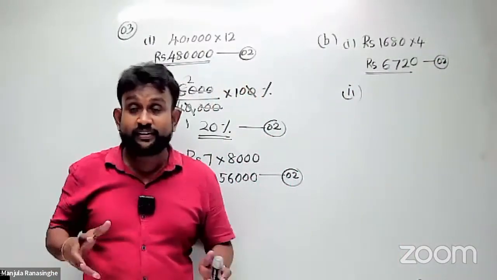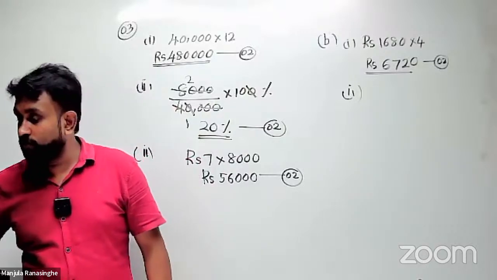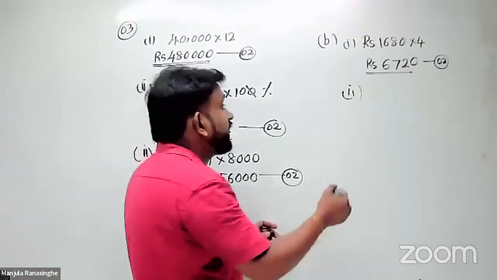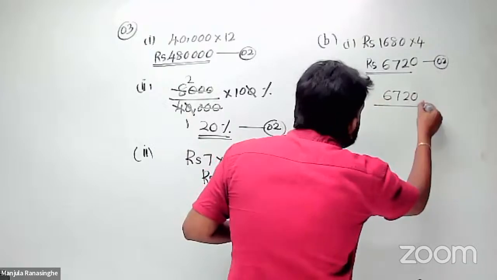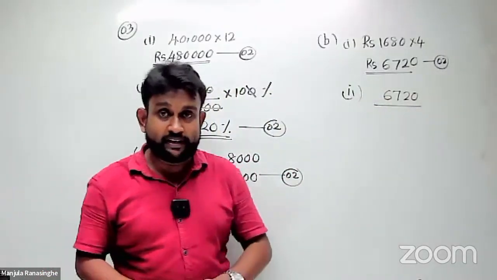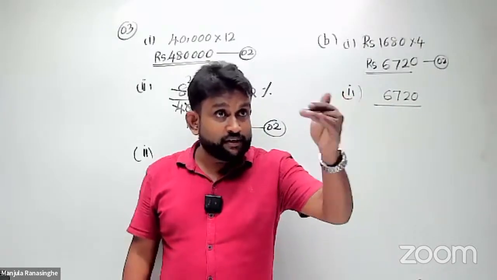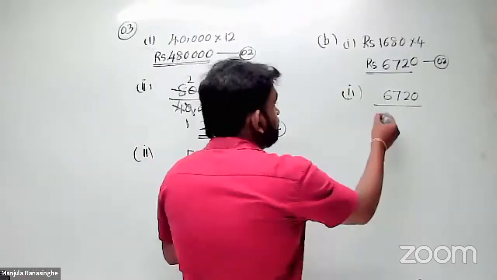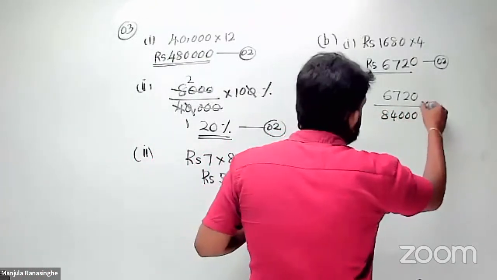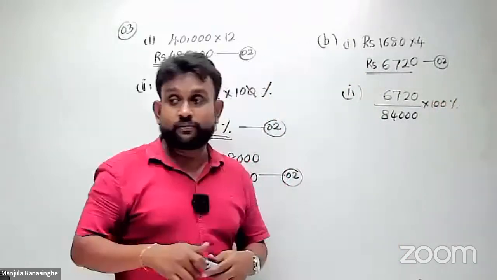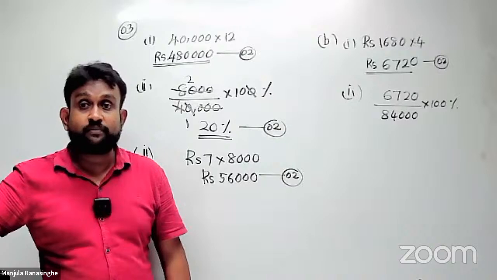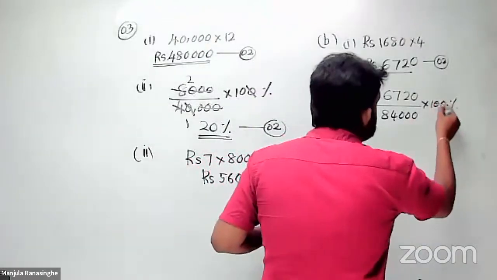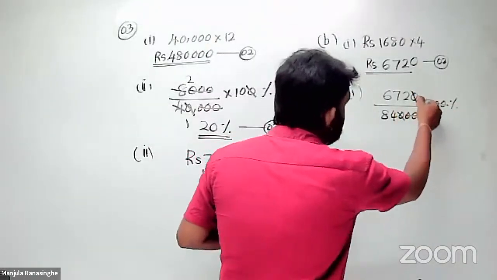So they are asking the annual rate percentage, right? Then how to find the annual rate percentage? Just annual rate divided by the annual assessed value. This is an equation. Remember how to find the annual rate percentage: annual rate divided by the annual assessed value into 100%. So what is the annual assessed value? 84,000. To make a percentage, just multiply by 100%. So two zeros cancelled here and here 0 cancelled here.